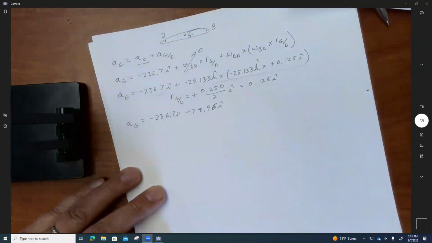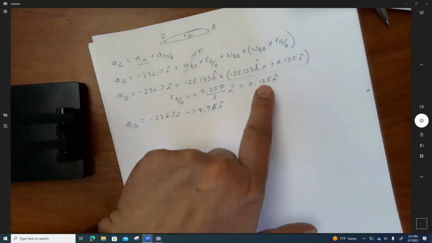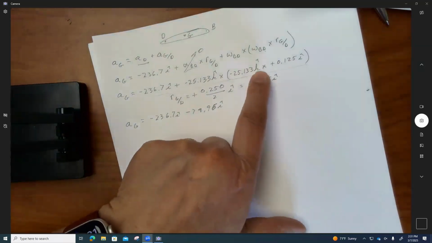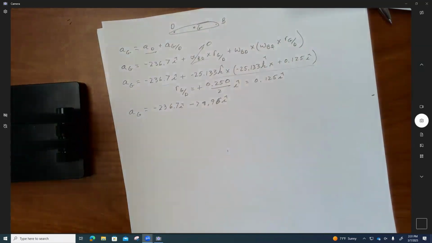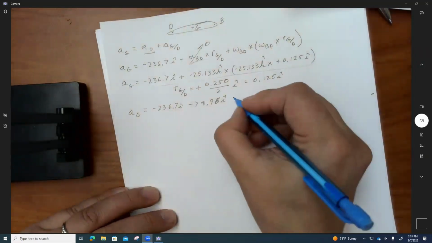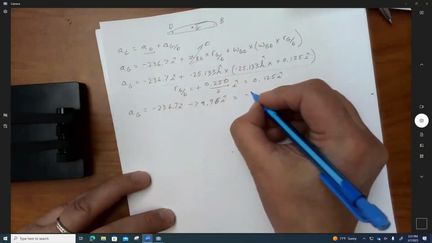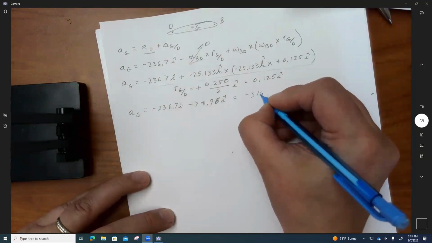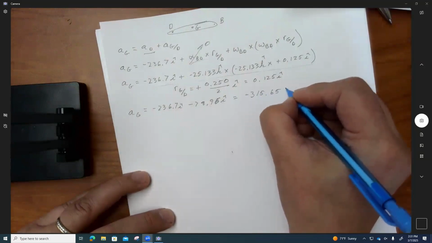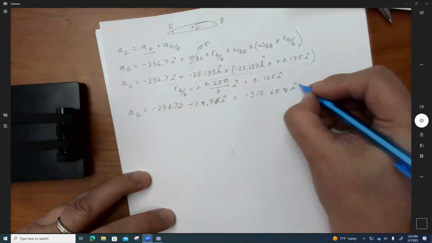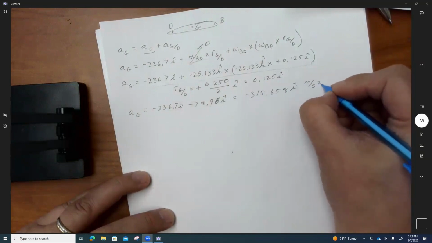Minus k crossed with a plus i gives minus j plus i, and then minus k crossed with minus j is going to give us a minus i. So we add those terms together, and we should get a minus 315.658 i, and again, meters per second squared.